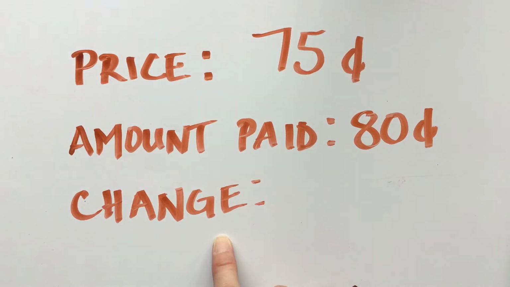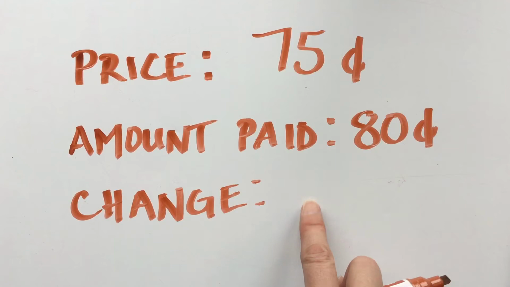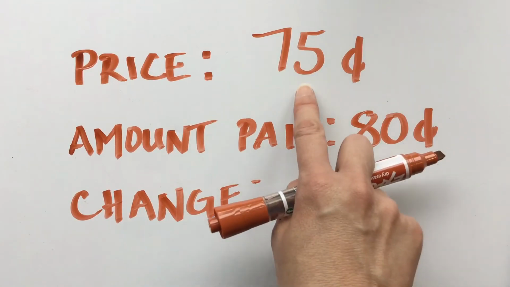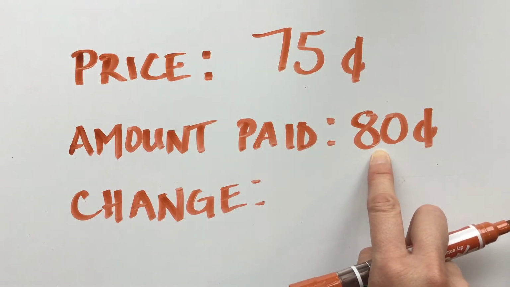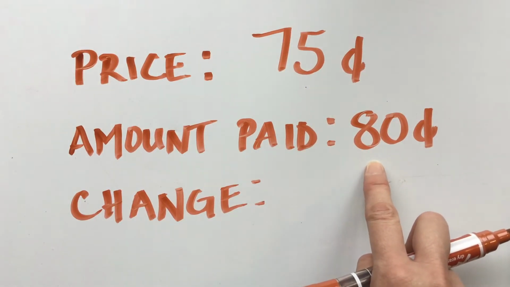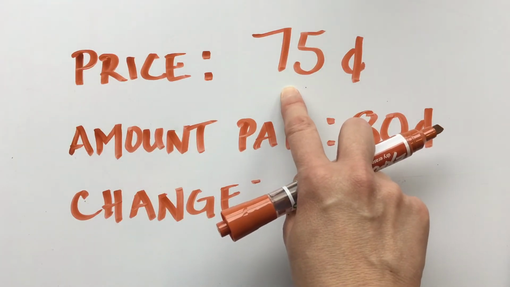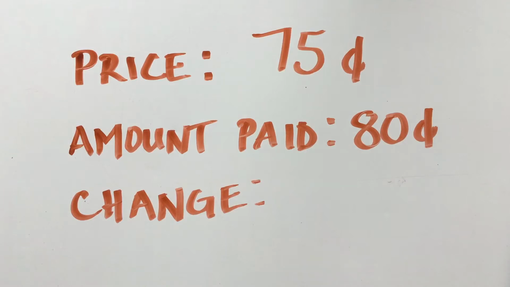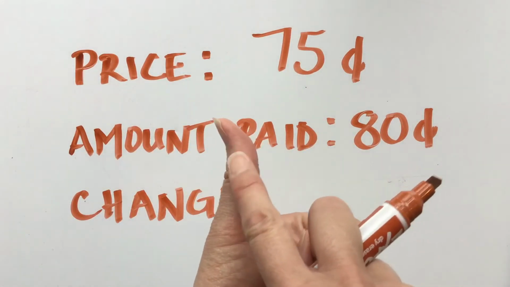Well, again, I need to figure out the difference between 75 cents and 80 cents. There's two ways to calculate the change, actually. I can count on from 75 cents. So from 75, what do you think we should count by to get to 80? Did you think 5 cents? Then you were correct. 75 cents is in my head. It's my starting point. I'm going to count by 5s. 75, 80. That's 1 nickel.